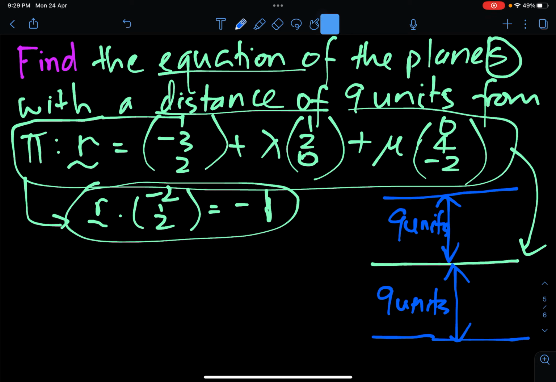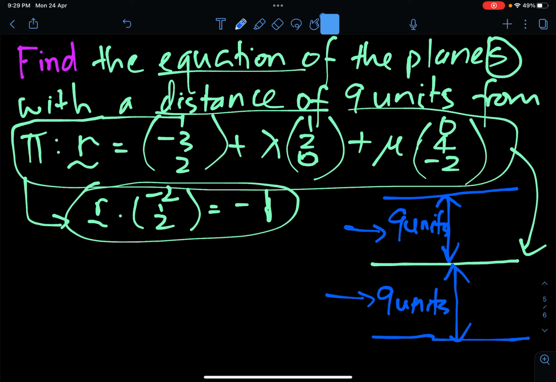Yesterday I was doing it front to back, where you are given the equation of two planes and then you find the distance. Yesterday you were finding this distance here, working from front to back. The question here is you're working from back to front.